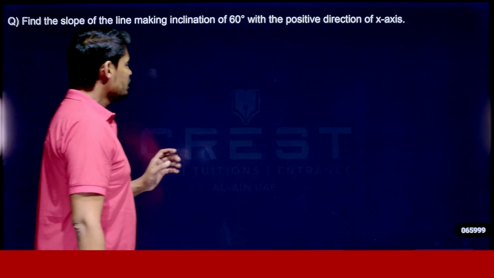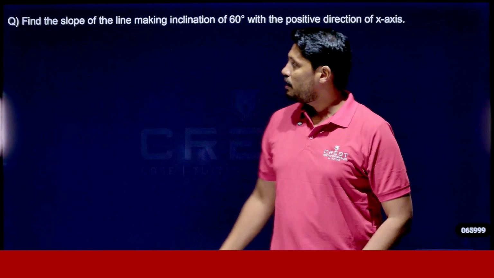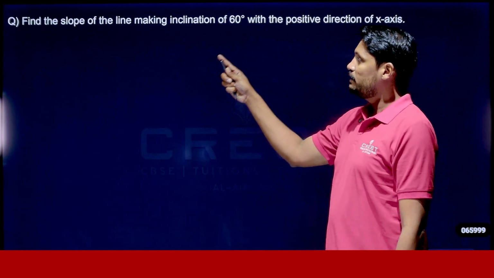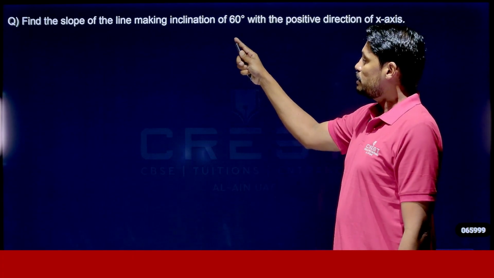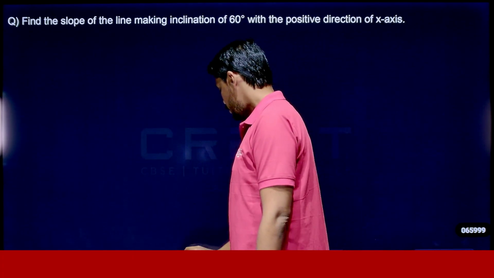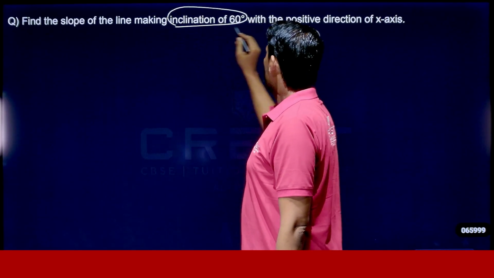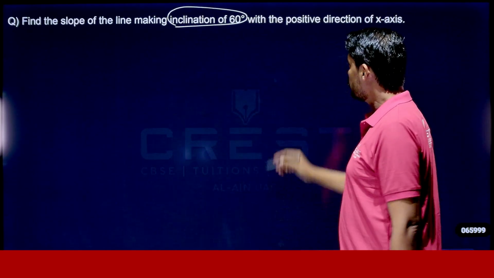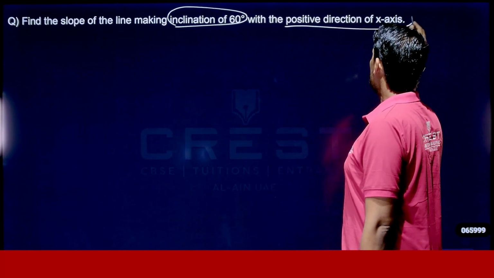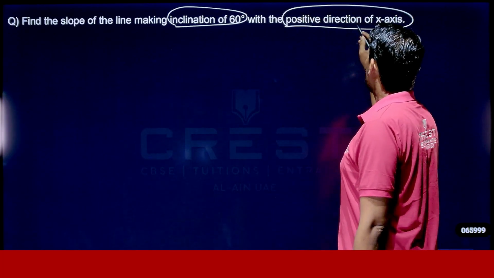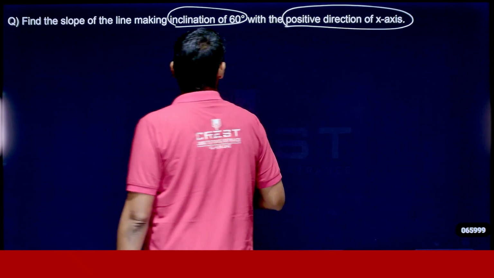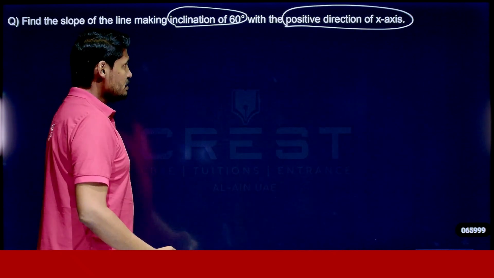And by using the equation m equals tan theta, we have a question: find the slope of the line making an inclination of 60 degrees with the positive direction of x. It is clearly given that the angle the line makes with the positive direction of the x-axis is 60 degrees.